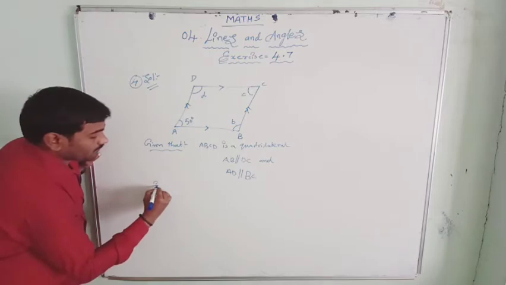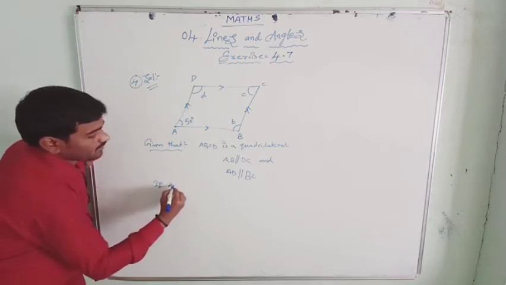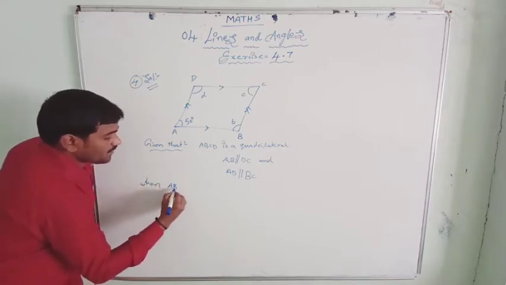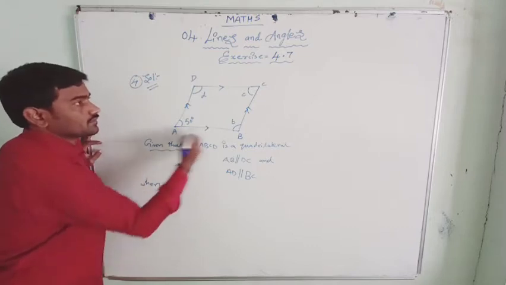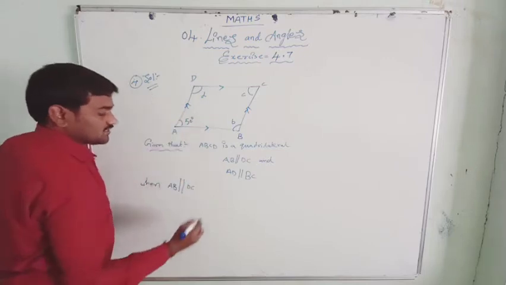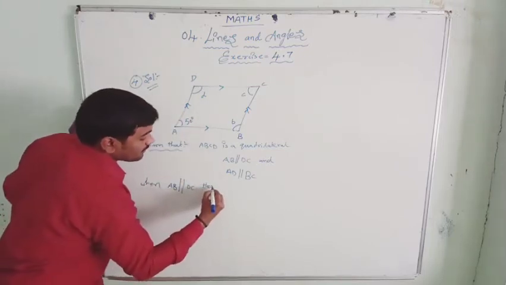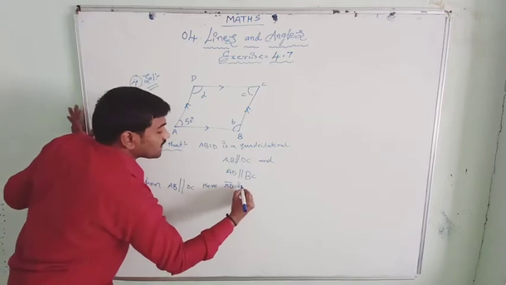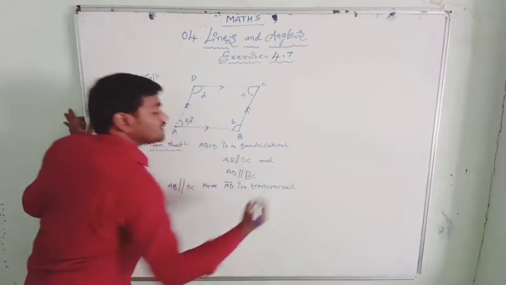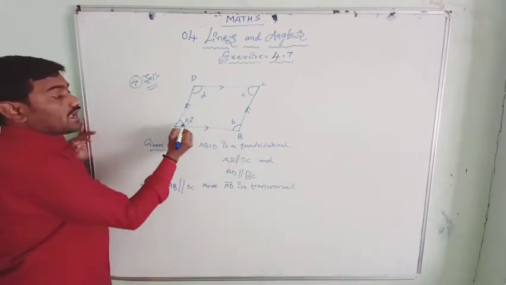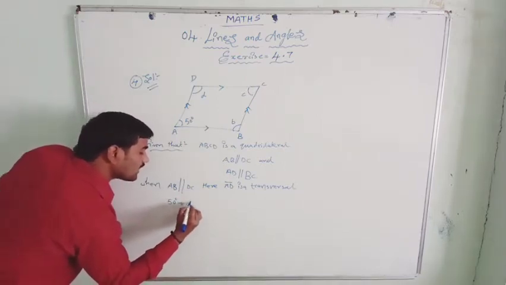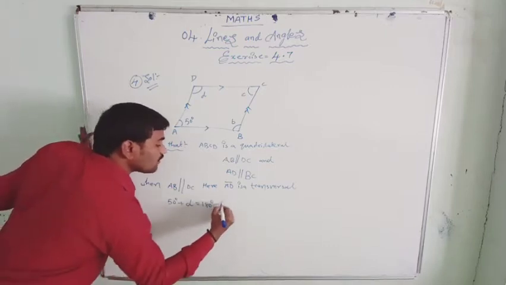When AB is parallel to DC, here AD is a transversal. Then angle A, 50 degrees, plus angle D equals 180 degrees. By what condition?